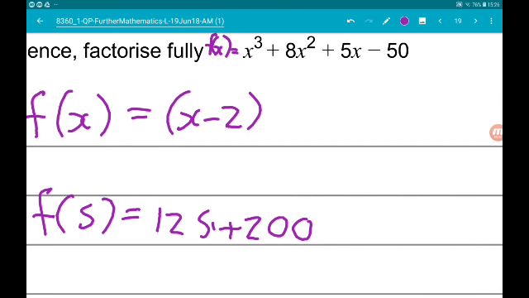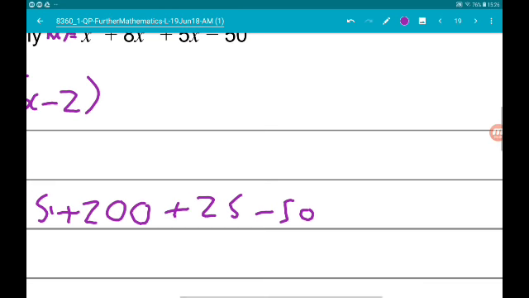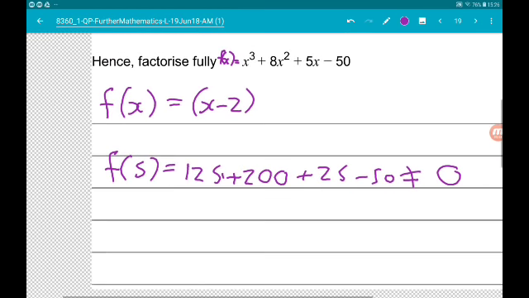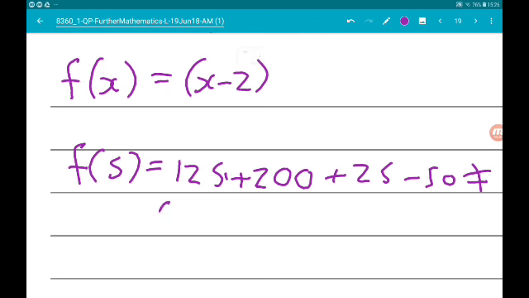Add 5 times 5, so add 25 minus 50, so there's no way that is equal to 0. So x minus 5 is not a factor.